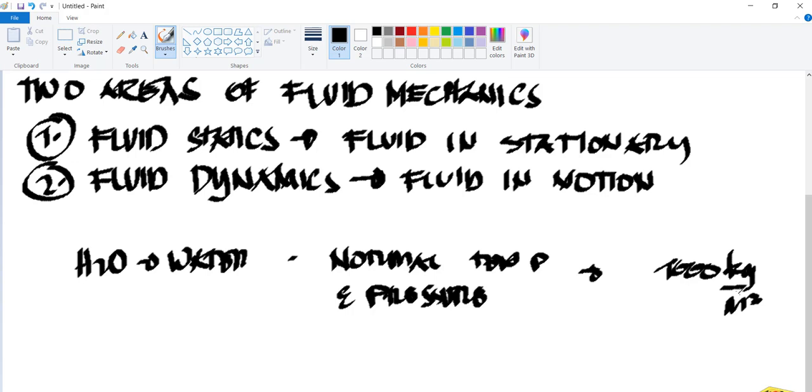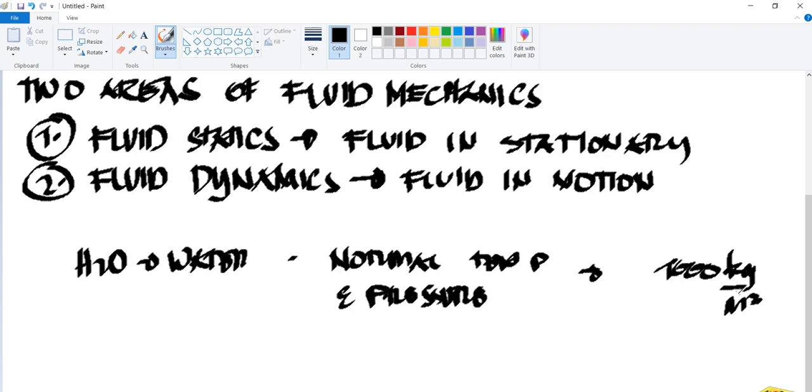Now, if you're going to change the temperature or the pressure, let's go to temperature first. If you change the temperature, the properties of water change; usually its density becomes lighter, especially as it changes from liquid to steam.